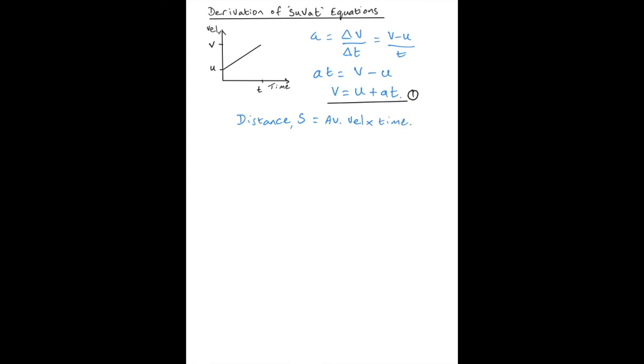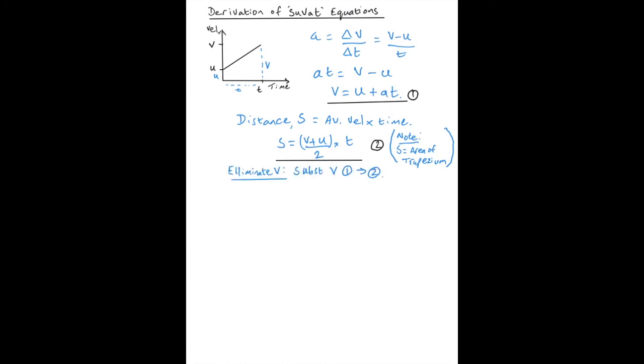And since we can calculate the average velocity simply by adding the initial and final velocities and halving, we have that s is equal to v plus u all divided by 2, which gives the average velocity, multiplied by t, which represents our second useful equation. It is perhaps also worthy of note that this formula for s is in fact the formula for the area of the trapezium illustrated.